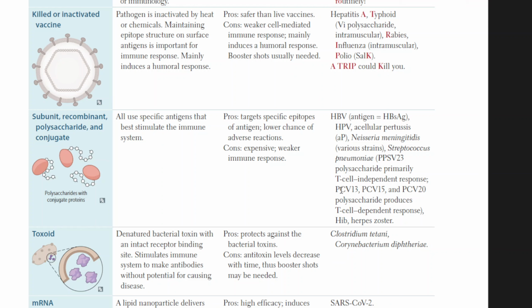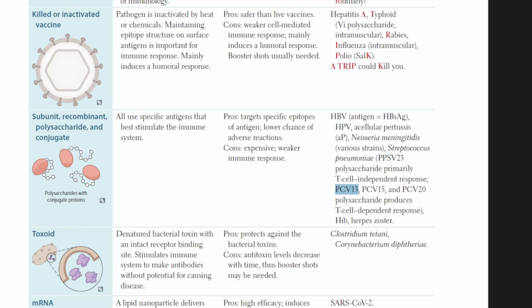This kind of vaccine is the PCV13. I have seen a question about it too. The PCV13, also known as Prevnar 13, is a vaccine that protects against 13 types of pneumococcal bacteria. It is a conjugated vaccine, meaning it uses specific parts of the bacteria to stimulate the immune response.